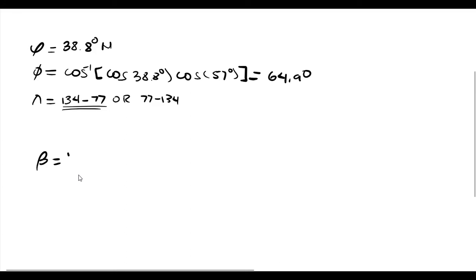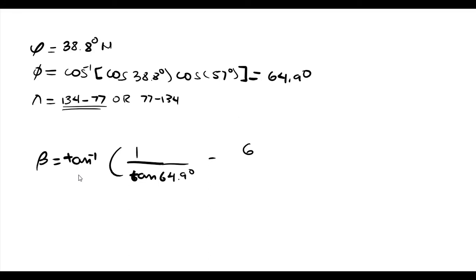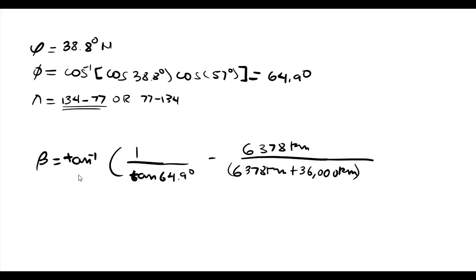Next, beta is equals to tangent to the negative 1 over tangent phi, tangent 64.9 degrees, minus radius ng Earth natin is 6,378 km divided by r plus h, 6378 km, plus yung geostationary height natin is 36,000 km, times sine 64.9 pala.